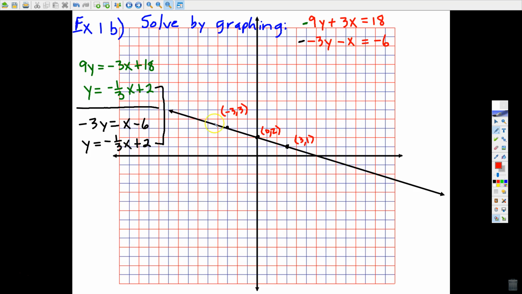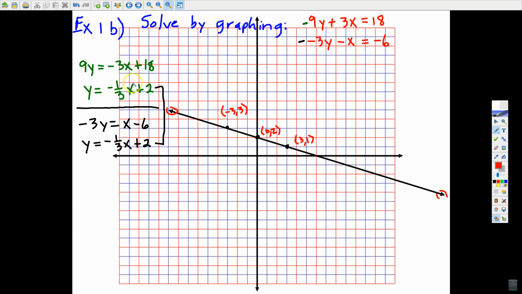Well, how many ordered pairs are on this line? Well, if you look at the ends, this indicates that this line goes forever and ever, just like a typical line does. So there's no way to ever come up with the number of solutions because we'll never get to the end, either end of this line.